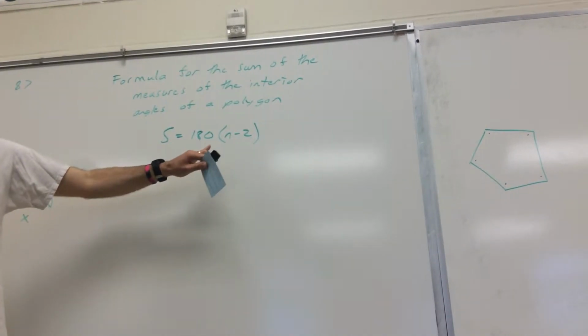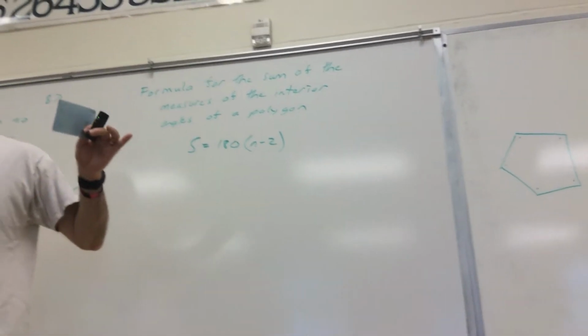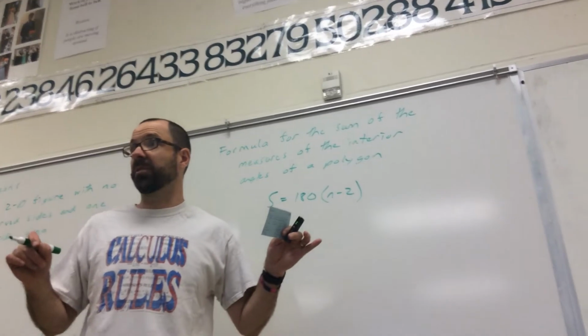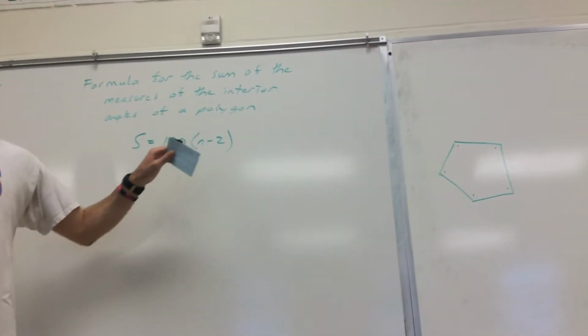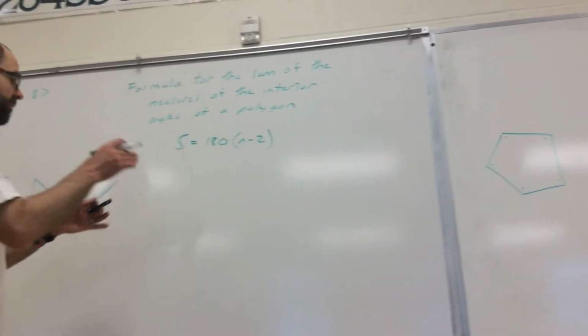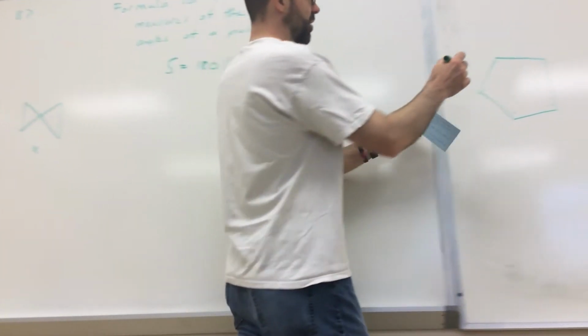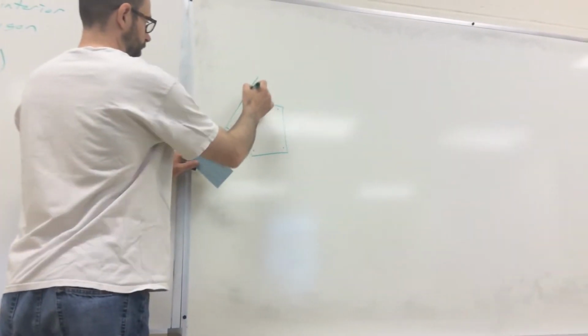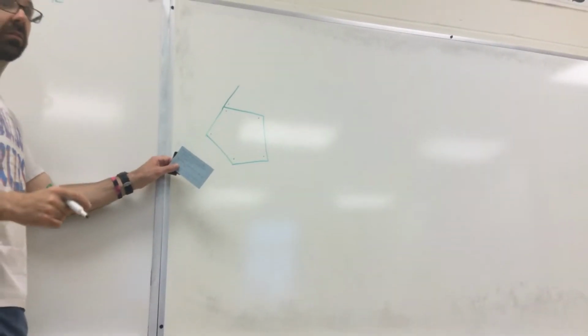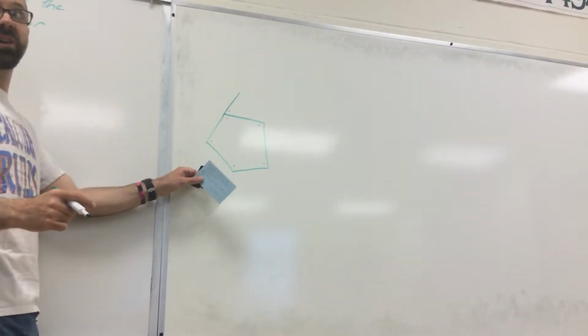And then also, if you want to know how much an 8-sided figure, how much those angles add up to, then you put an 8 here. Okay, so that formula is there for you. Then there's angles outside. That angle there is called an exterior angle.